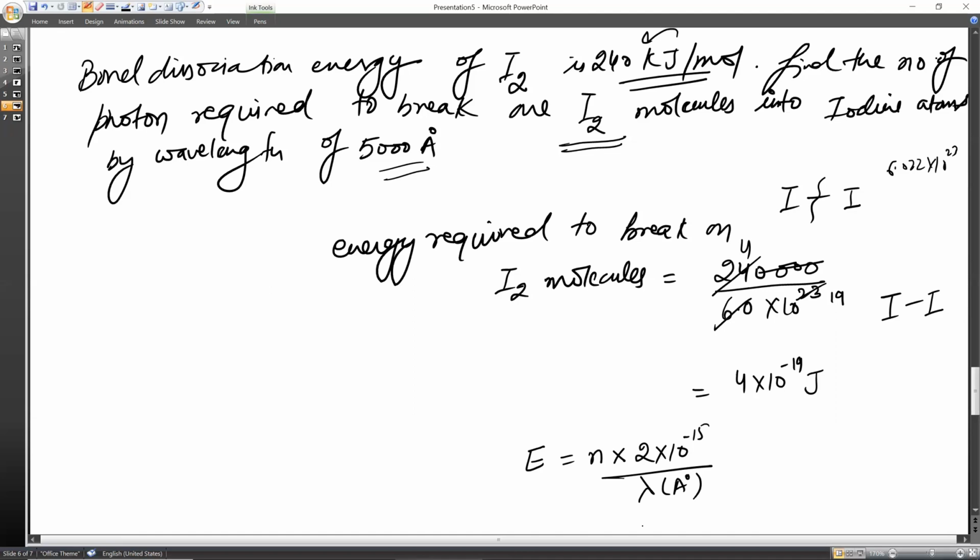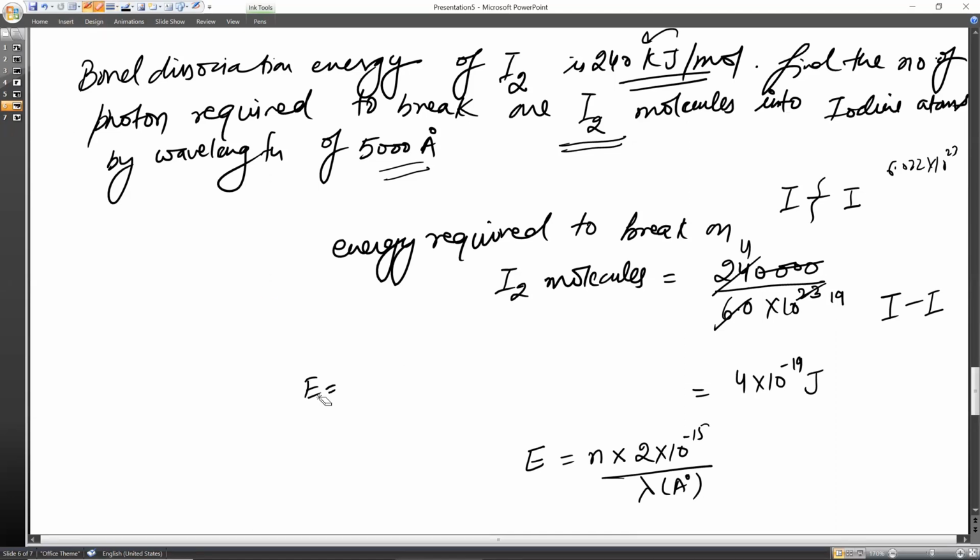Okay, let me check. So you have to write it, E is equal to E. You have calculated how much E? 4 into 10 to the power minus 19.